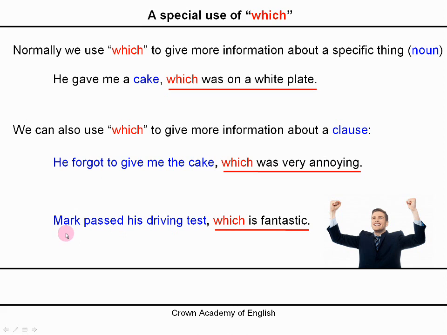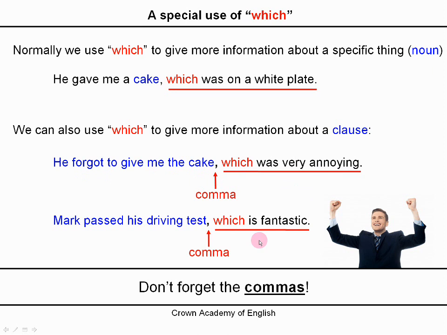This situation, this clause, the meaning of this is fantastic. Okay? And don't forget the commas. So again, we always have a comma to separate the non-defining relative clause from the rest of the sentence. And here is the comma here. So very important, don't forget the commas.